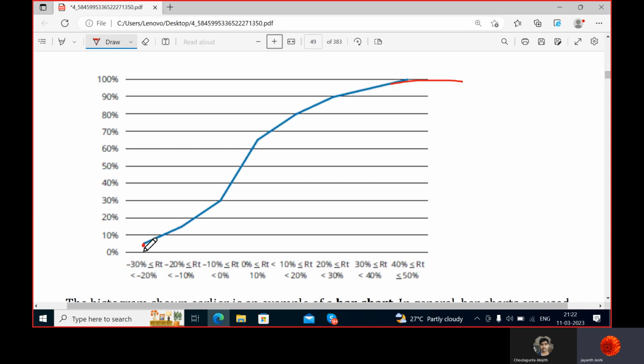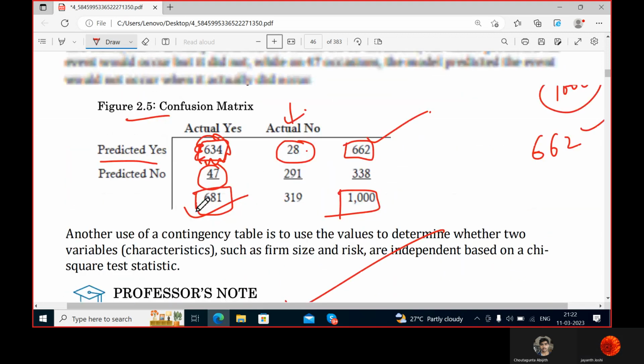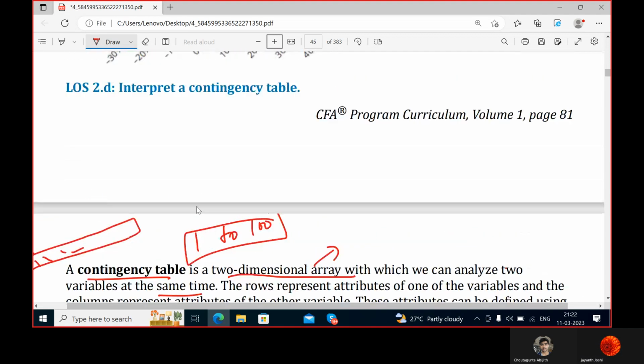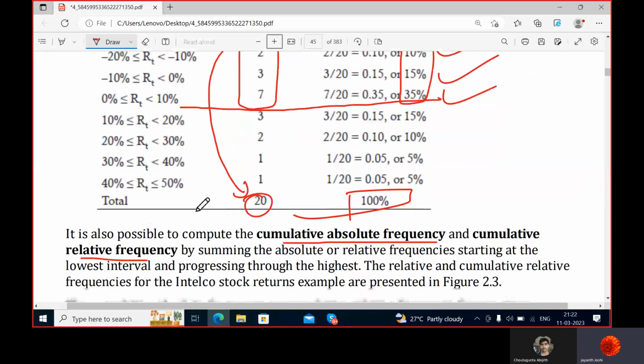Whenever I speak about cumulative, we take the previous value and the current value together. 5, and the second one was 10, then 15 or 20? Let us see that view of the data. 5, 10, 15, 35.